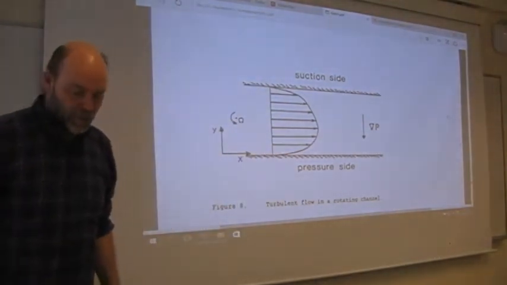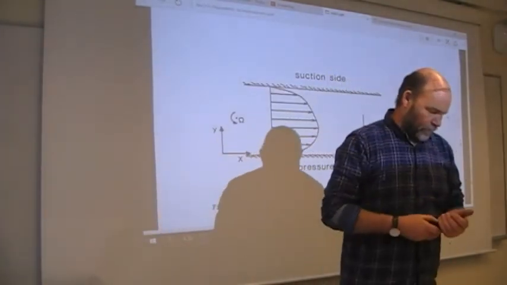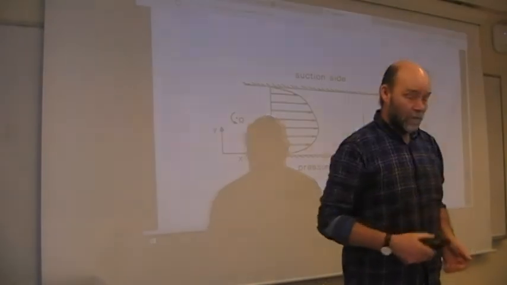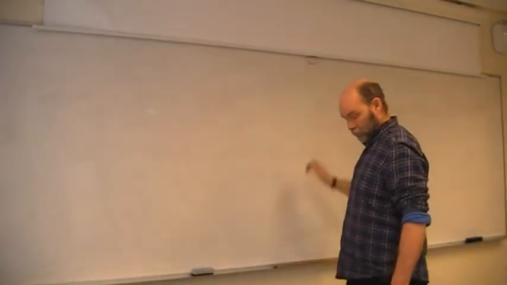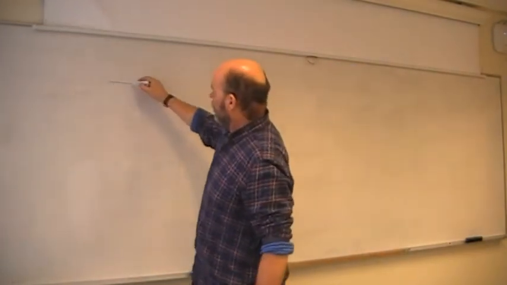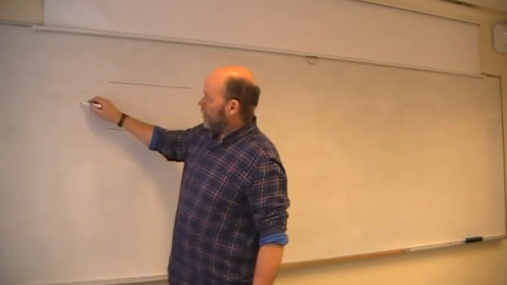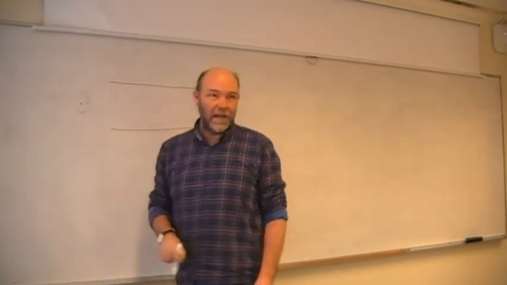So, but you can use the same argument here as we had with the curved channel flow. So we have a straight channel, and then we rotate around any point.